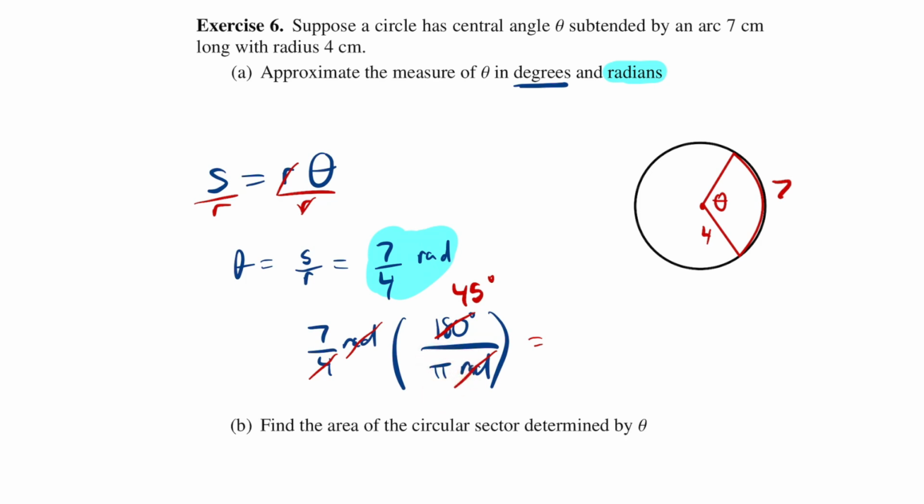So 7 times 45 divided by pi is approximately 100.27 if you round to 2 decimal places. And I'm going to change this equal sign to approximately, because we're approximating. So I want to be more accurate and change the equal sign to approximately. So this is degrees, this is radians, and that's it.